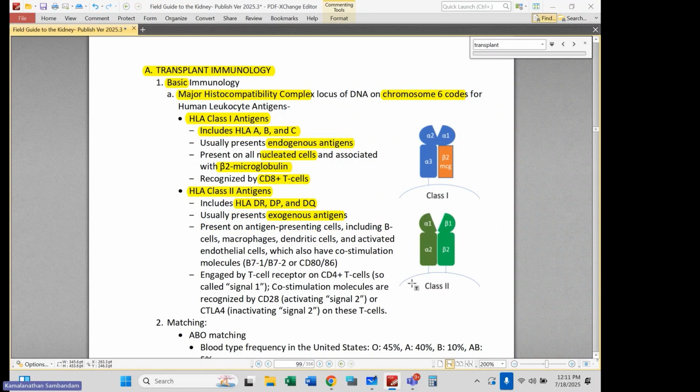So a professional antigen presenting cell, like a dendritic cell or a B cell, can recognize antigens that are in existence outside of the cell. So for instance, a virally infected cell starts cranking out protein that is derived from the viral genome.